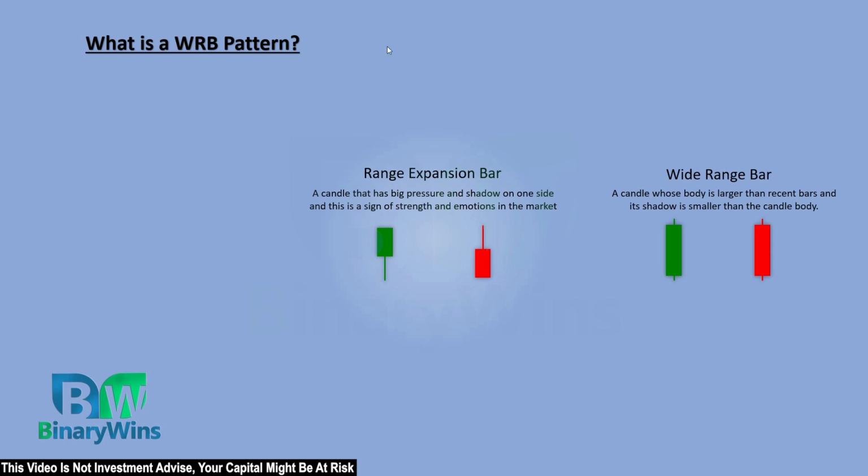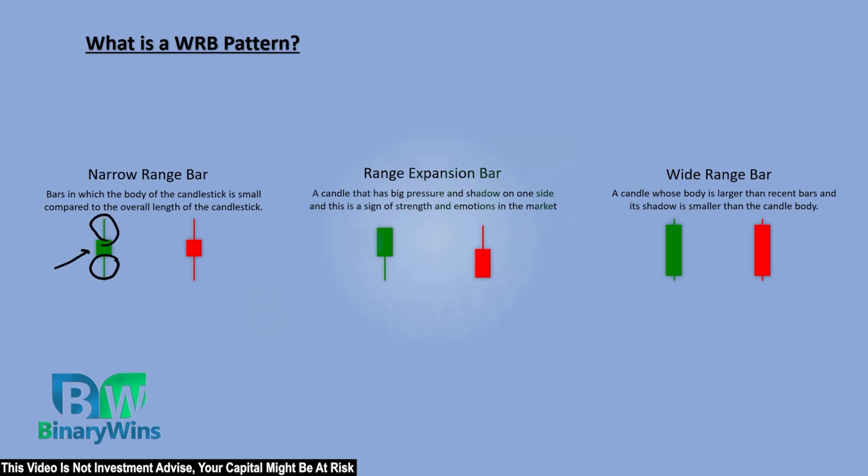But the third type of candles are the narrow range bar. Bars in which the body of the candlestick is small compared to the overall length of the candlestick. In these candles, the dimensions of the body are smaller compared to the dimensions of the shadow and pressure.